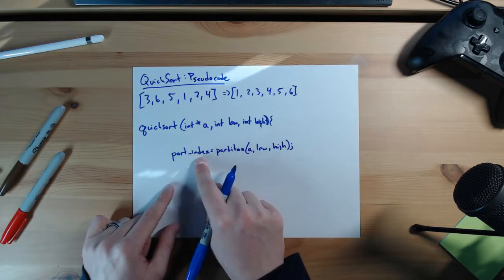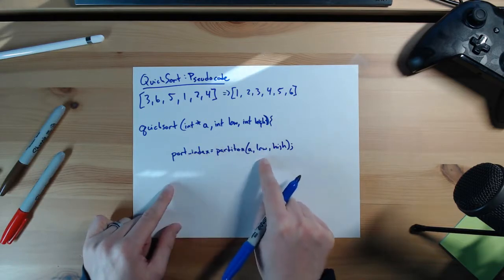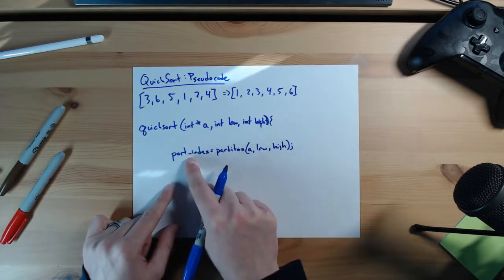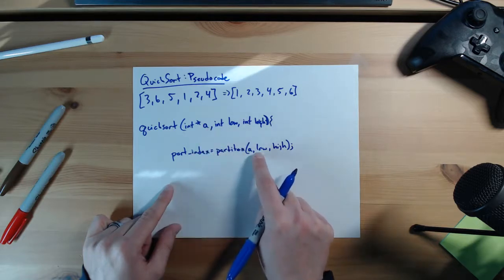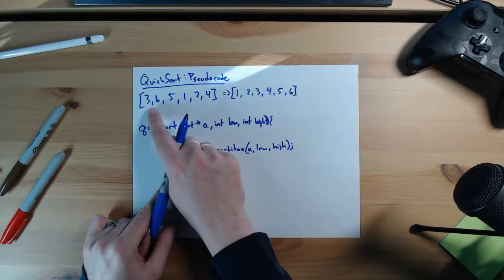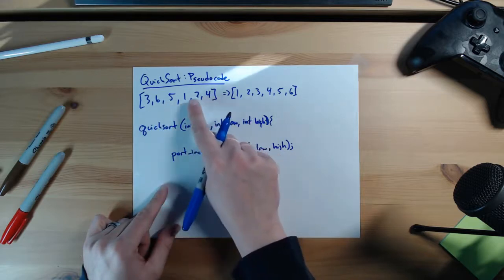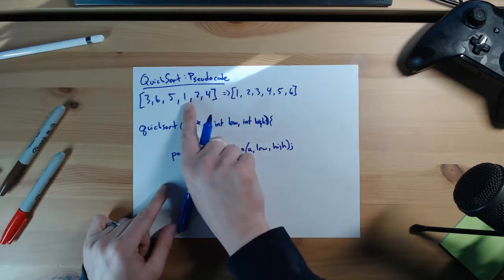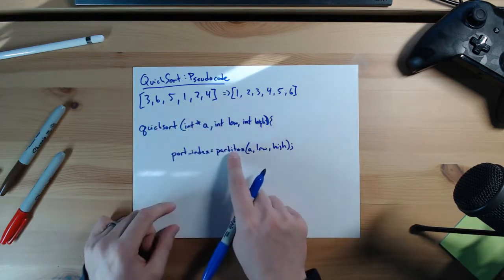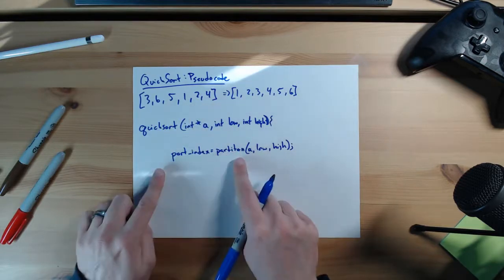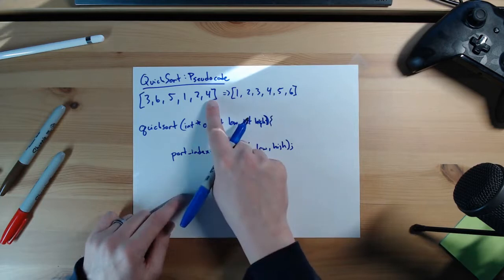And then I have this partition index. This partitioning function is going to have to return back the index where this element ended up, right? So we're going to assume this partitioning function is going to take this array here, move the 4 to its proper position, put everything greater to the right side, everything lower to the left side. That's the job of this partitioning function. It's to separate it based on this pivot location, right?